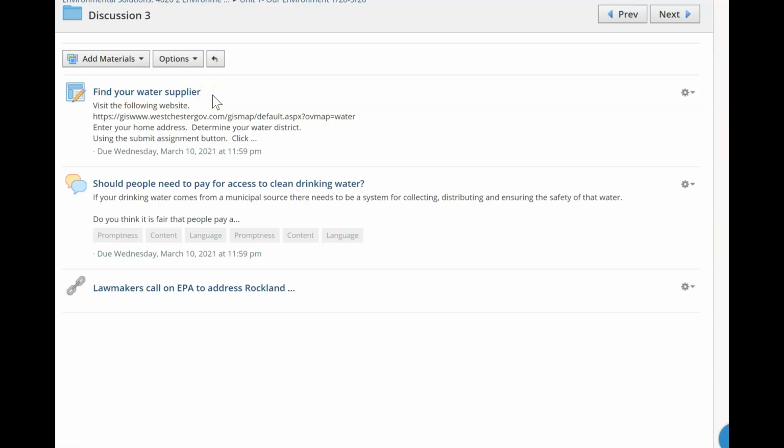So students used a website, which taps into their different representation, the ability to find on a map, and also use different databases, as well as their ability to have action and expression tapped into, where they had a class discussion via text, where they typed out should people need to pay to have access to clean drinking water. So lots of different pieces here.